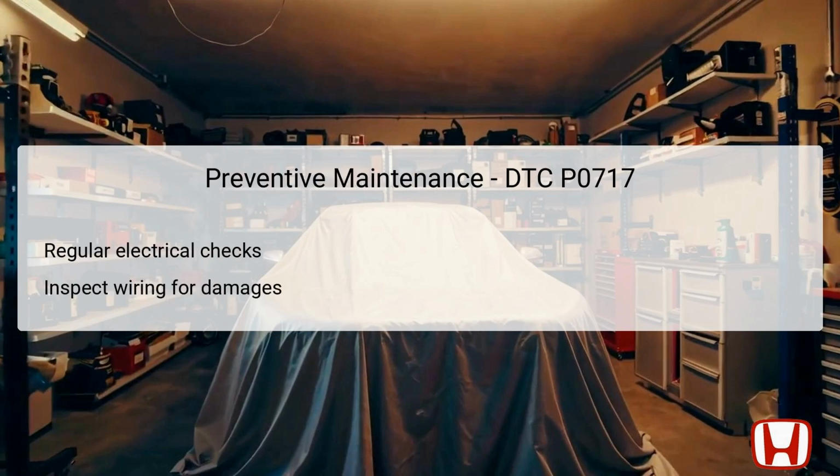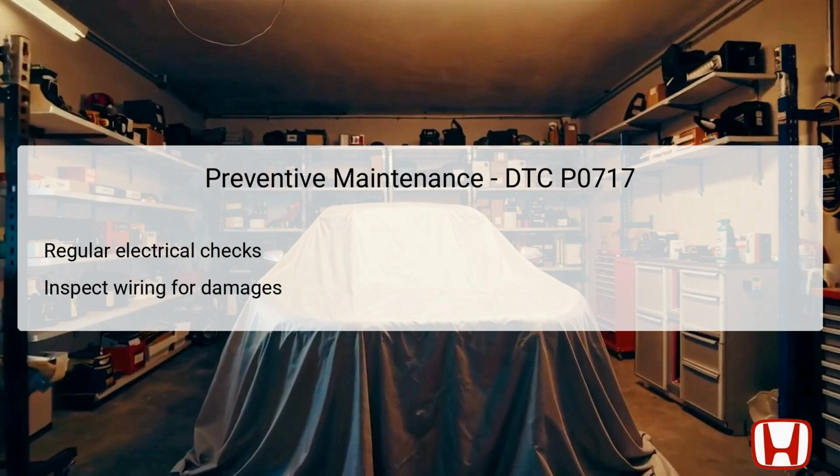Preventive maintenance plays a crucial role in avoiding issues related to DTC P0717. One of the key elements is performing regular electrical checks to ensure that all components within the CVT system are functioning correctly. Technicians should routinely inspect the wiring for any signs of damage, corrosion, or wear that could potentially lead to electrical failures.